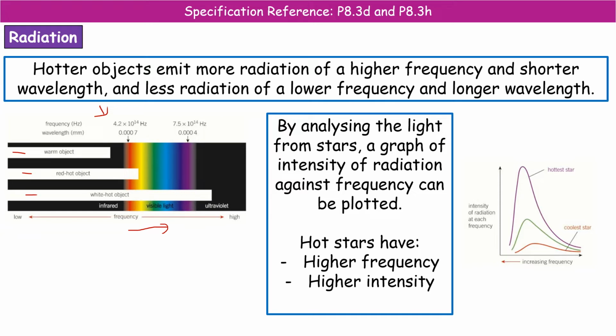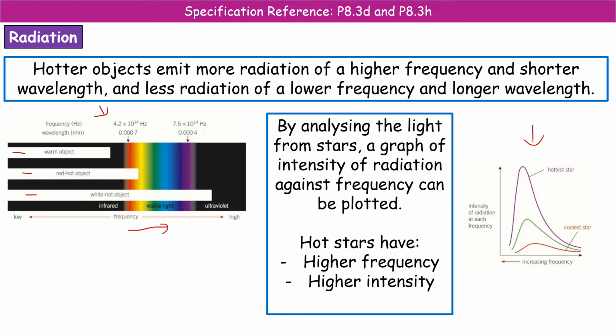And what we can then do is plot a little graph like we can see in this bottom right corner here, which is showing us the frequency and the intensity of the radiation that we get. So higher frequencies are further towards the left of the graph in this case. What we can see is that purple line, the one that goes up to the highest peak, is our hottest star. So remember, the frequency is highest towards the left.